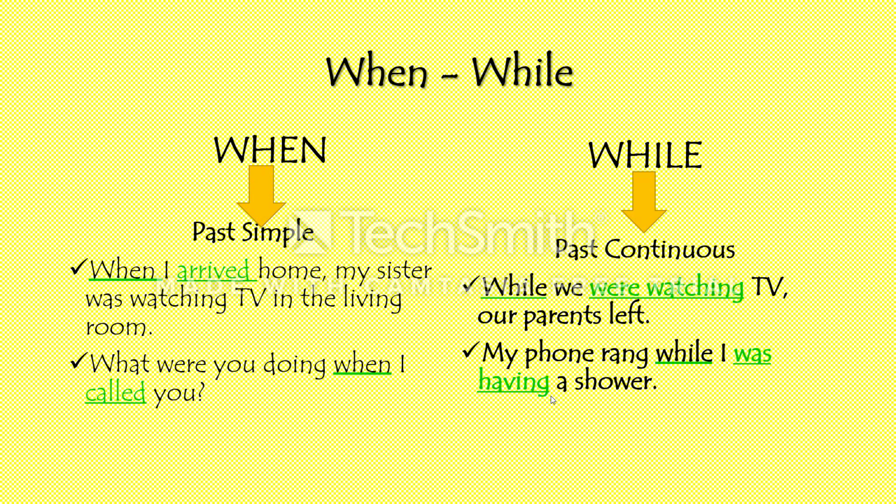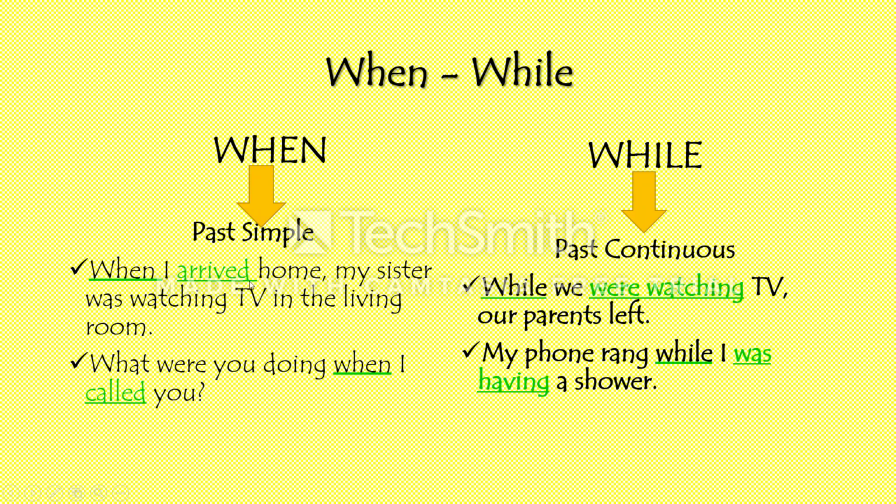Now let's pay attention to these words, when and while. They are very important to you because you use them in sentences where simple past tense and past continuous are used. So when we talk about when, after when we use past simple tense, like in the sentence, when, it's underlined for you, I arrived home.